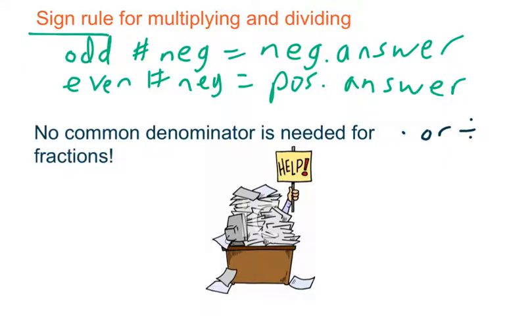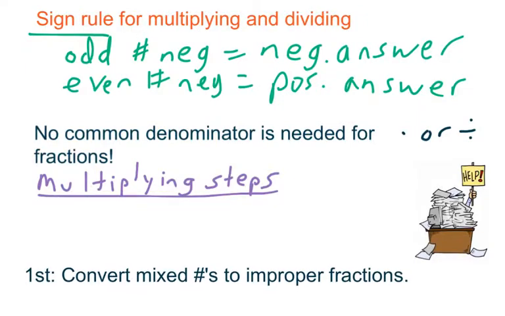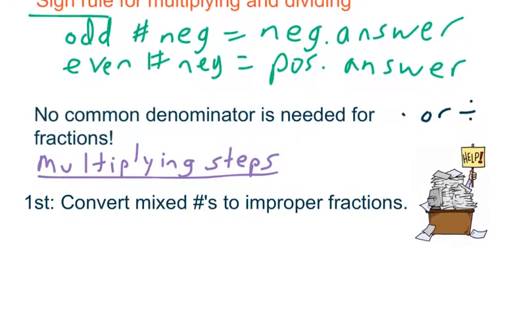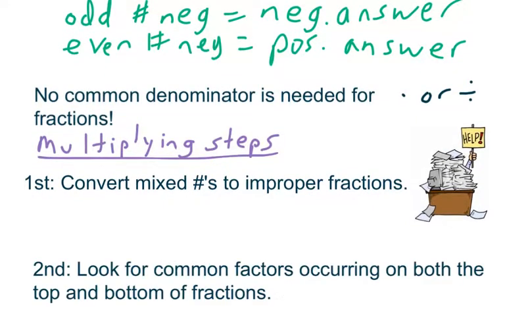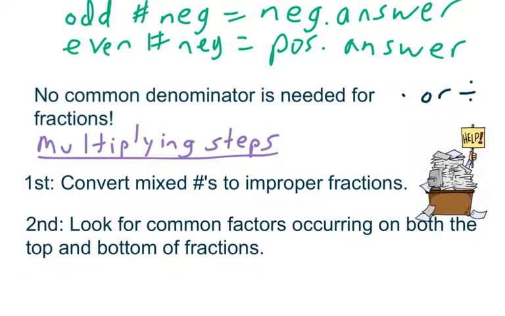All right, our multiplying steps. First, we want to convert mixed numbers to improper fractions. So don't get mixed up on that. Next, we want to look for common factors occurring on both, keyword both, the top and the bottom of fractions.